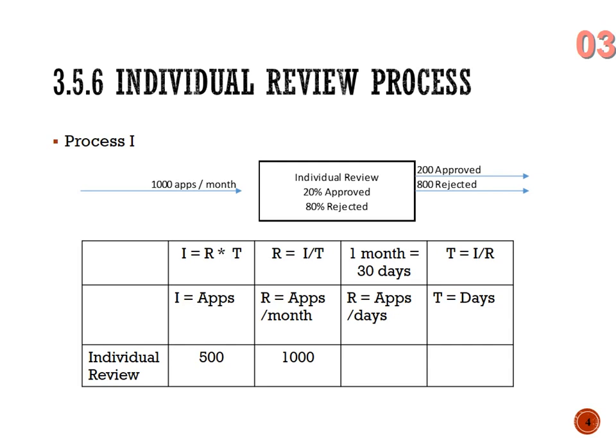So when I create my table, I'm just going to put individual review, and I look for inventory, throughput, and flow time. I know that we have, on average, 500 applications. I know that we have 1,000 applications per month.